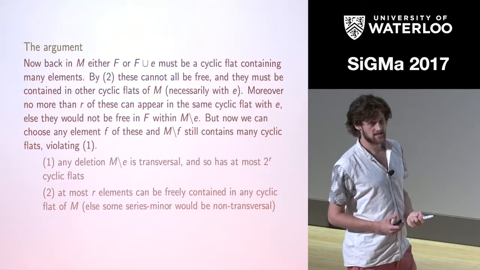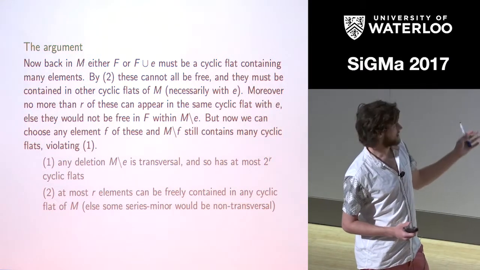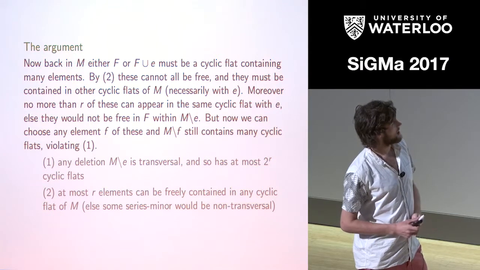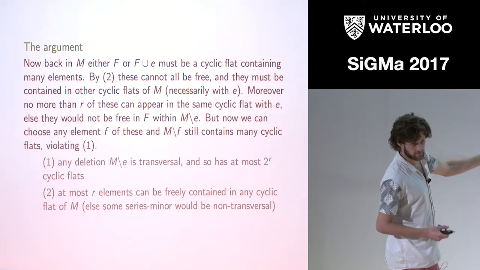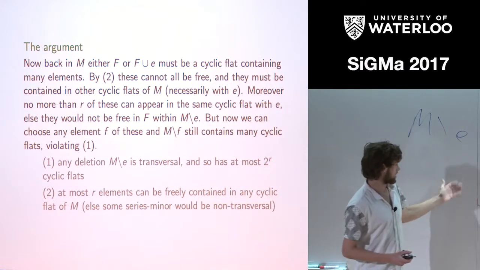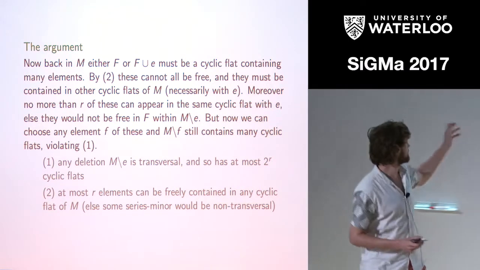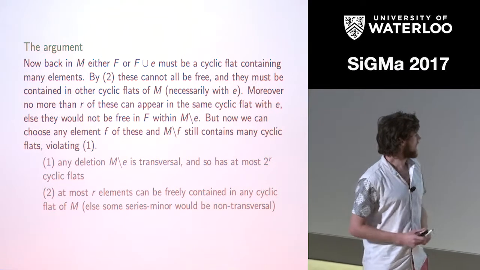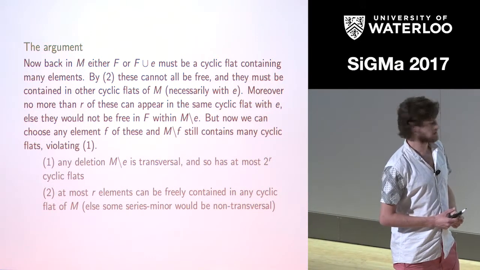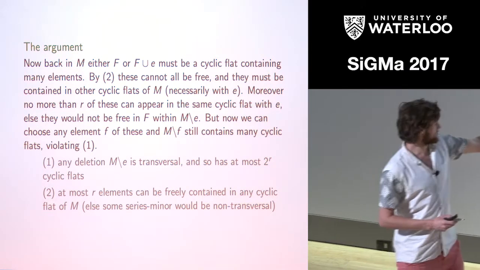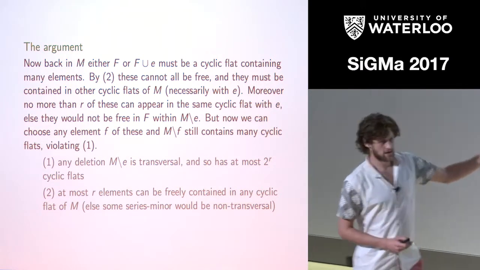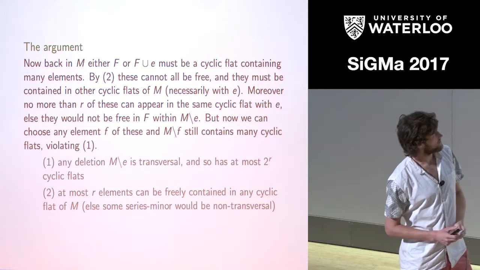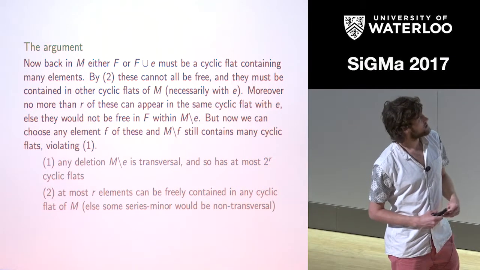That creates a situation where we have many, many cyclic flats in M, and each of these elements can only be contained in so many of those cyclic flats with E. Otherwise, we contradict freeness back in M\E. And so we can choose any one of these elements, and we delete that instead. So we take M, delete some other element, and we still have a large number of those cyclic flats remaining.